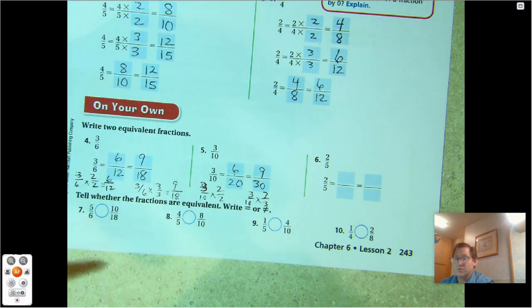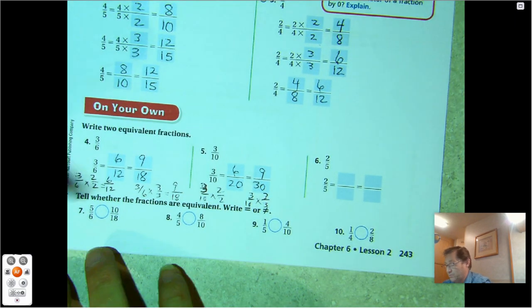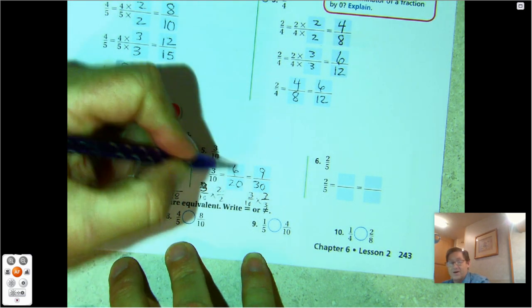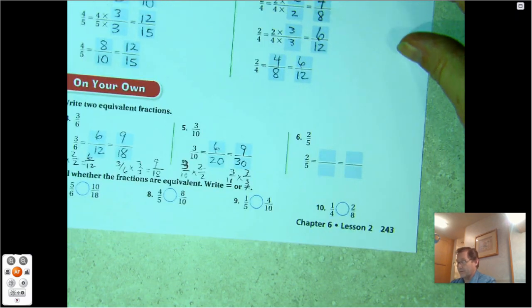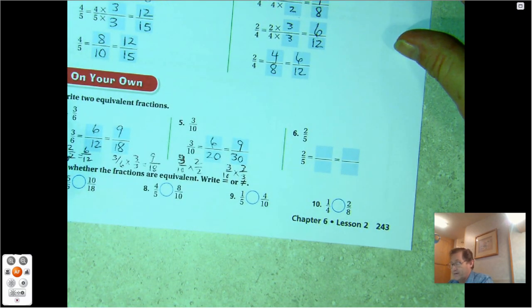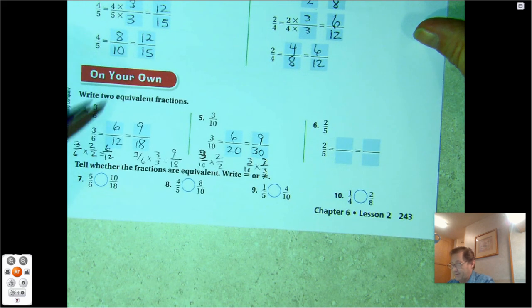We are not using a multiple. I want to clarify that. We are not using multiples here. We're using a value of 1 as a whole number. If the numerator and denominator are the same, the fraction equals 1. So we're not changing the value of the original fraction.